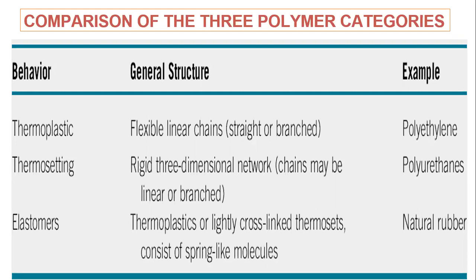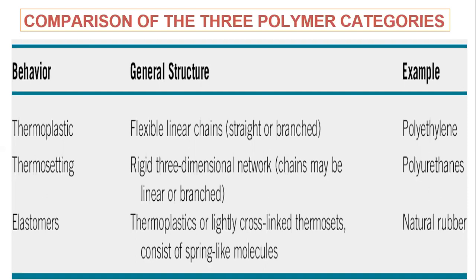Third one is the elastomers. The general structure for the elastomers is thermoplastics or lightly cross-linked thermosets, which consist of spring-like molecules. These consist of very lightly cross-linked structures, and also spring-like molecules, which are helical in shape.